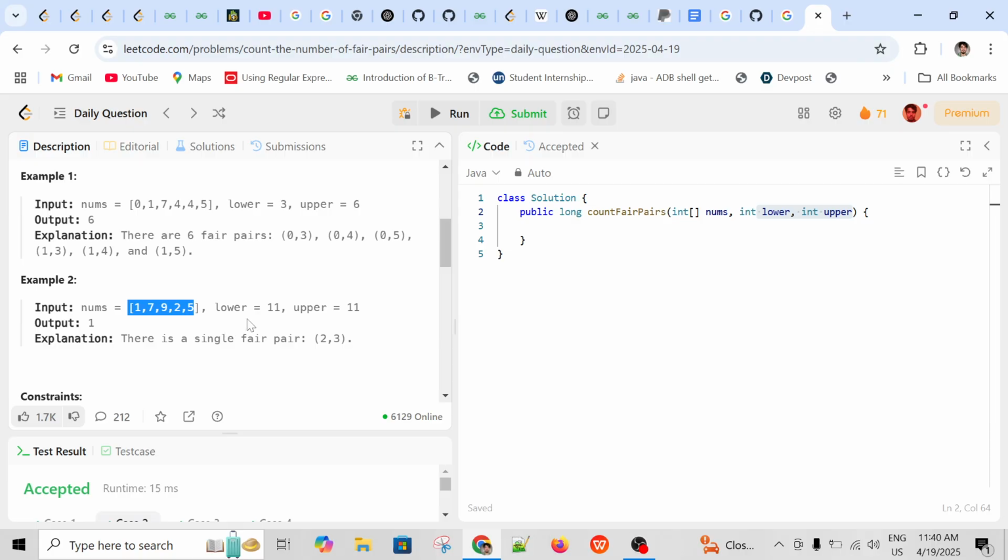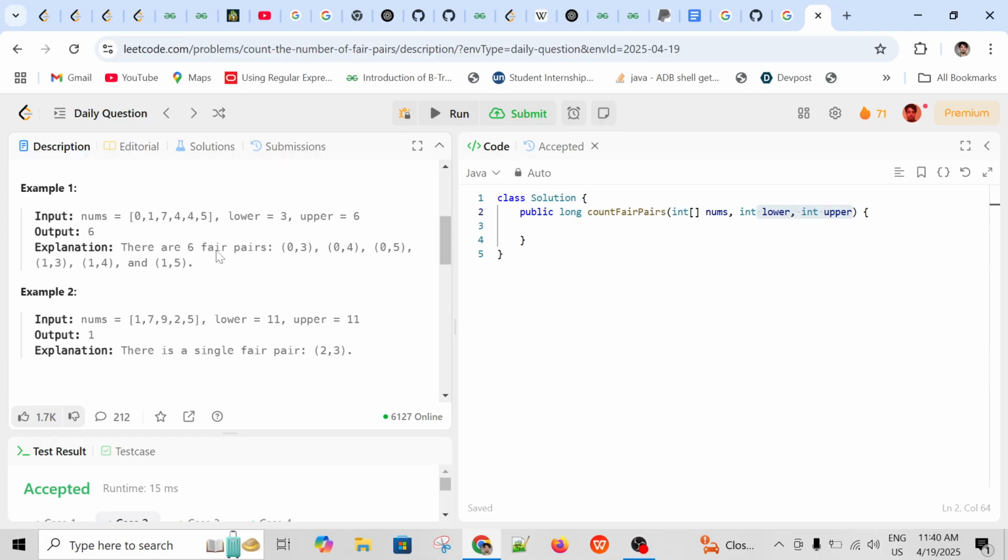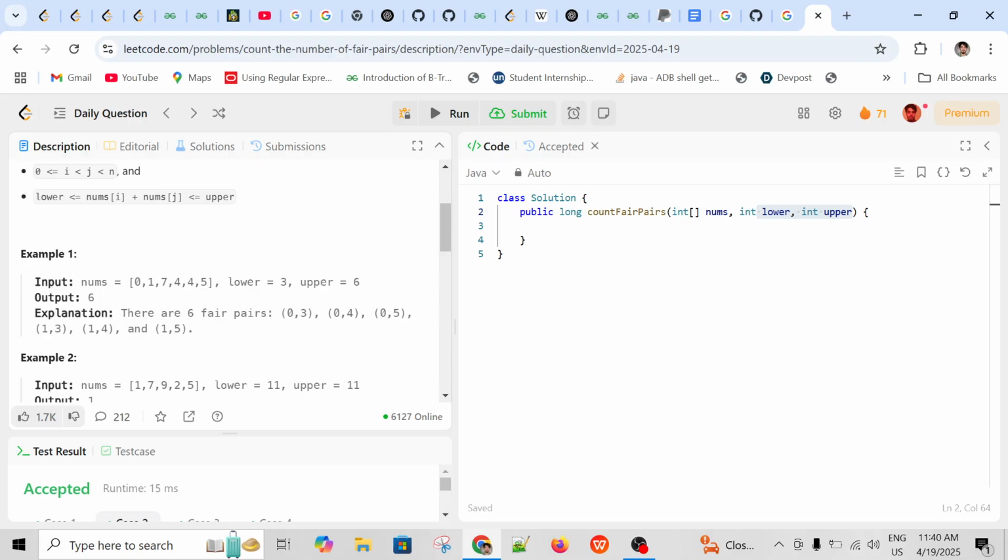What we can do is, because it is a problem of just picking up two elements from the given array, this suggests that you can sort the array, because sometimes sorting solves many problems. To start thinking about the solution, let me show you.